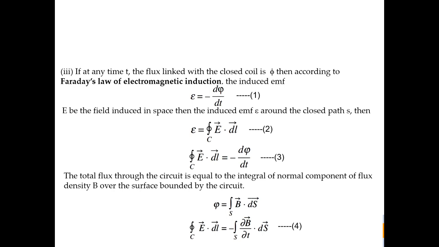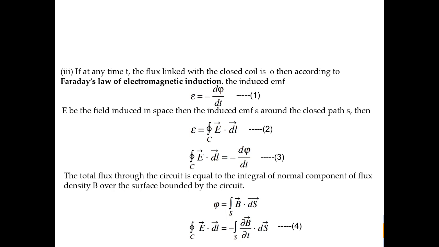Whatever direction the flux is changing, the induced EMF is in such a direction that the flux due to the induced EMF will try to arrest the growth of the flux which is causing that induced EMF. So the direction of the induced EMF is such that it opposes the very change which causes it. So equation 1 here tells you Faraday's law of electromagnetic induction.